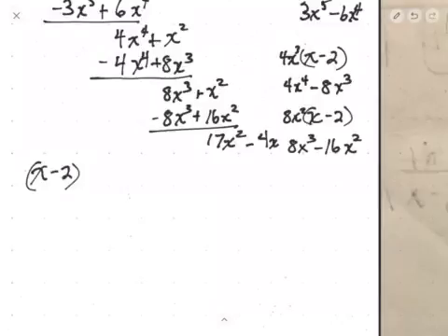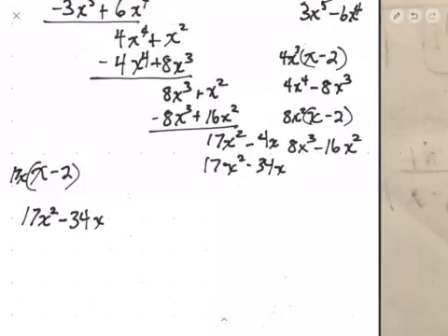We're going to multiply 17x. So we're going to end up with 17x squared minus 34x. So 17x squared minus 34x.